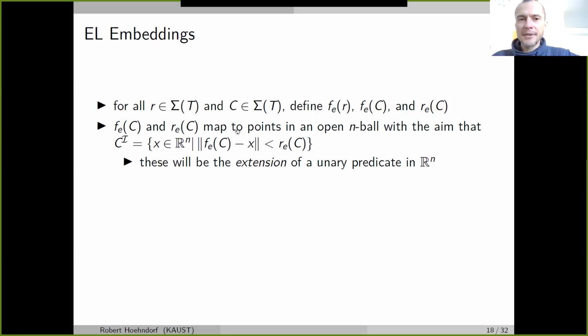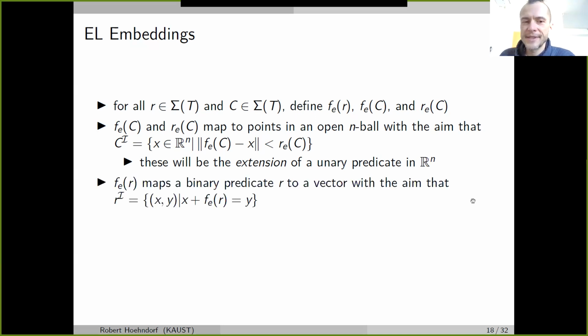The idea is that Fe maps to the center of the n-ball and Re maps to the radius of this n-ball, such that we can define the interpretation of a concept based on this set. So it's all those x which lie within this radius around the point defined by Fe. These will become the extensions of unary predicates or concept symbols in this language.